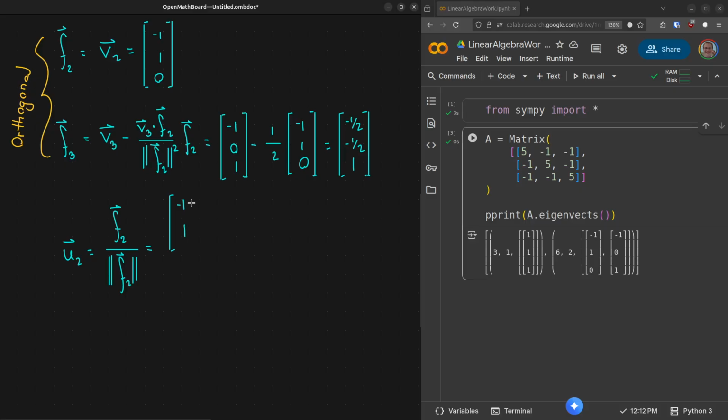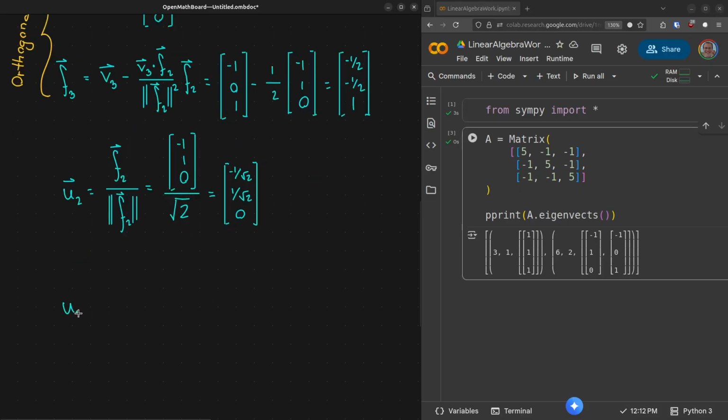So -1, 1, 0 is vector f2, and the norm of vector f2 is -1 squared plus 1 squared plus 0, which is the square root of 2. So I get -1 over square root of 2, 1 over square root of 2, 0. That's going to be another column in the orthogonal matrix Q.